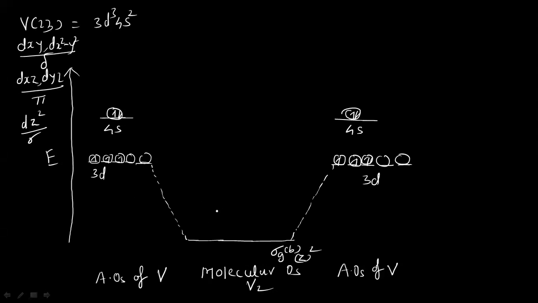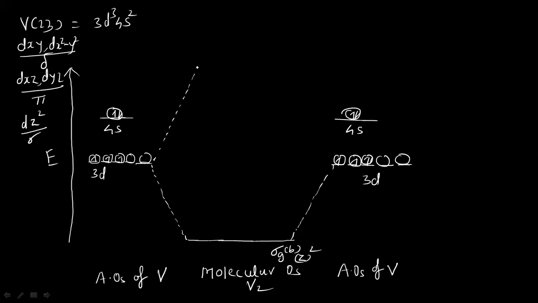So mention this sigma g z square, because it is formed by the overlapping between the dz square orbital of this vanadium and the dz square orbital of this vanadium. Formation of one bonding and one anti-bonding. So let us represent anti-bonding also.